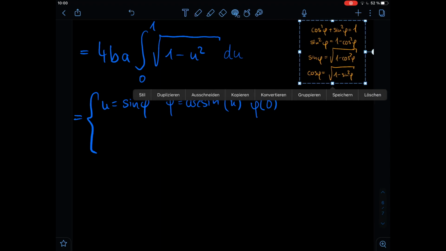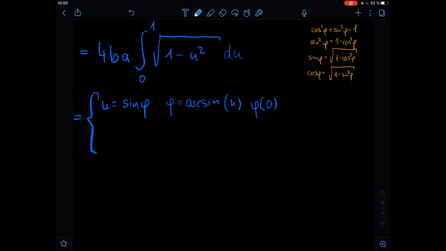So for which x value does sine get 0? Well, for 0, so this is 0. And then for which x value does sine get 1? Well, it's pi over 2. Of course, there are infinitely many values for which the sine gets 1, but we are just interested in the angles between 0 and 2 pi. Alright, now we transform the limits.